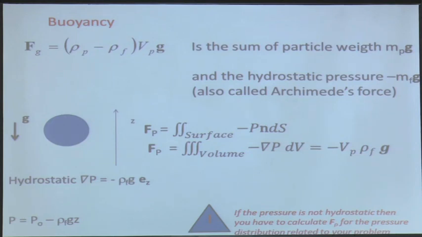But for example, if you want to know the buoyancy force acting on a balloon, let's say for atmospheric probes, the pressure in a gas and in the atmosphere is not constant. It's not hydrostatic. So the buoyancy force acting on a big balloon which is rising in the atmosphere is not given by this formula.